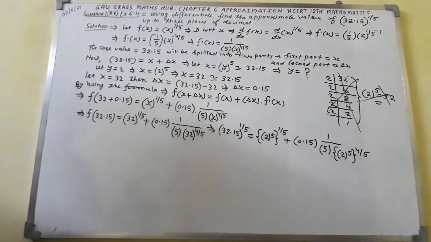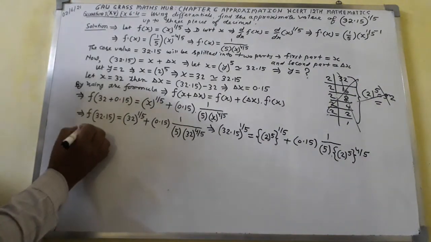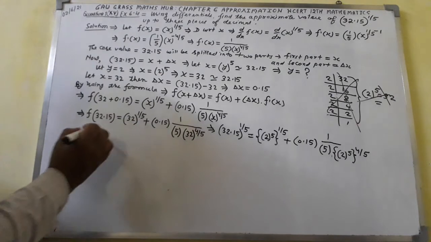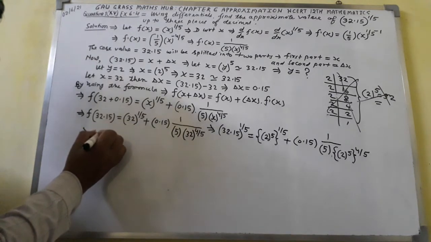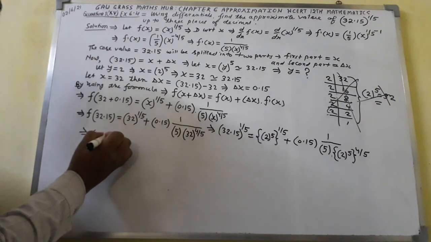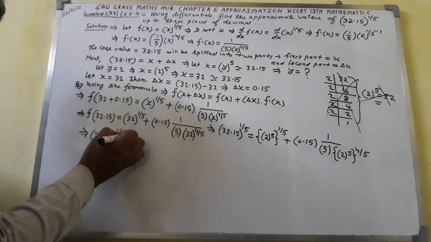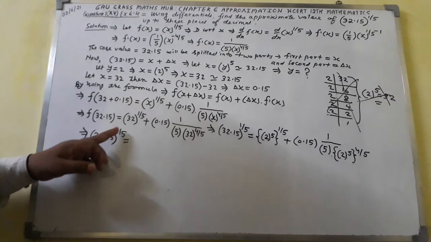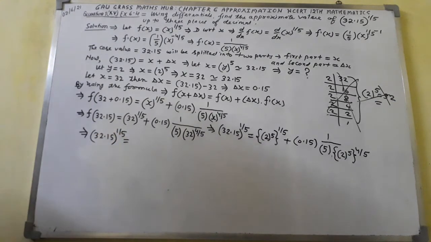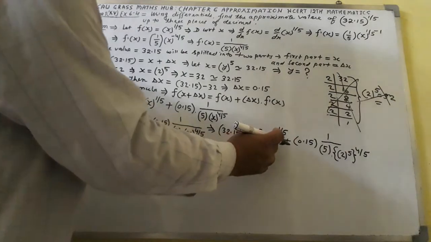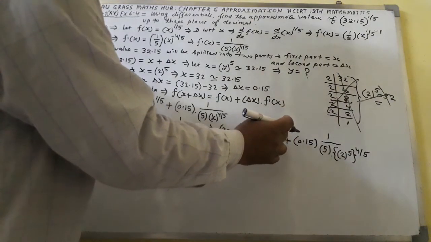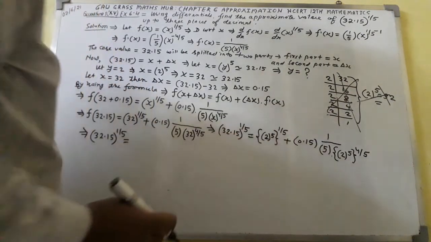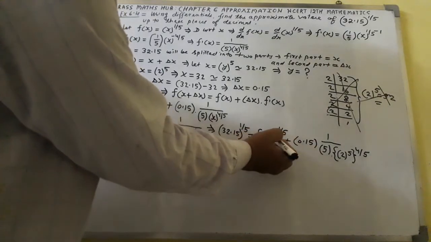Now again I shall write here, implied that, 32.15 raised to the power 1 over 5. Here 5 into 1 over 5, so this 5 will be cancelled out.